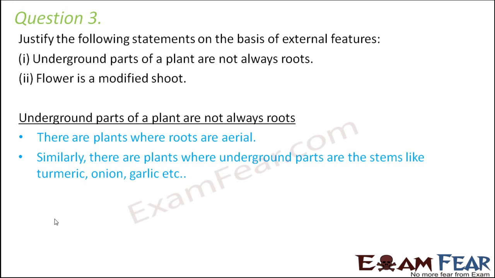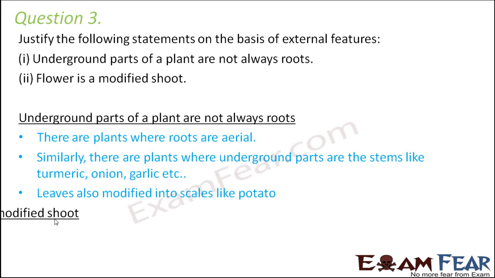For example, turmeric, onion, garlic, etc. In all these cases, we have underground stems. We have in fact spoken about so many different modifications of underground stems like rhizomes, tubers, corm and bulb. Here we had some more points, like leaves also get modified into scales like potato. So these are also underground.